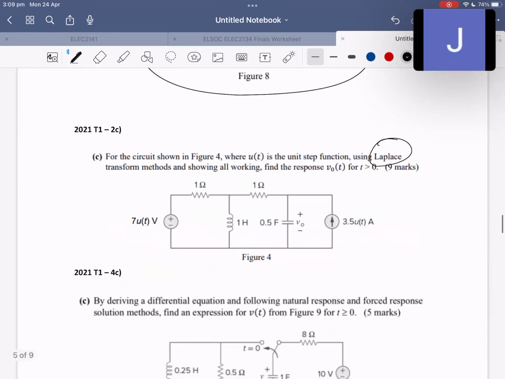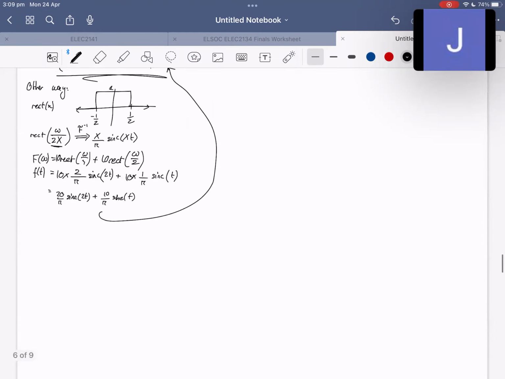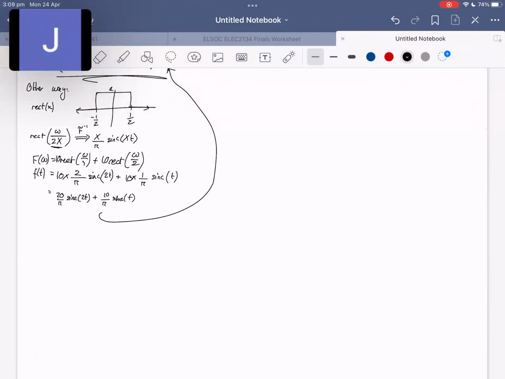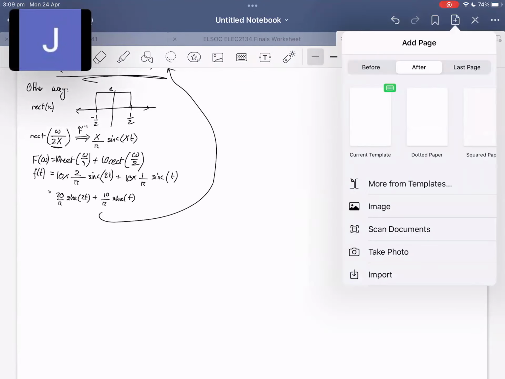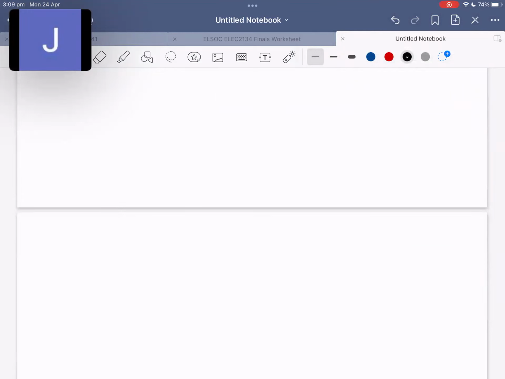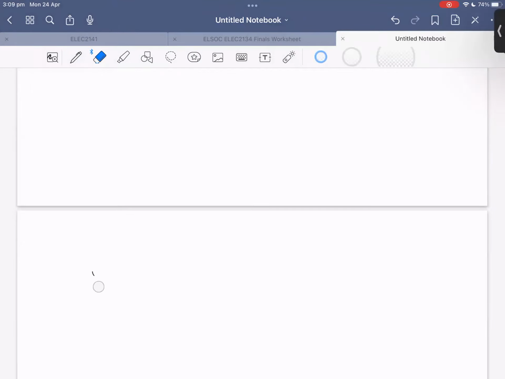Well, mostly. So, I think I'll add a new page. Cool. So let me draw the circuit. I'm just going to draw it straight in the Laplace domain.